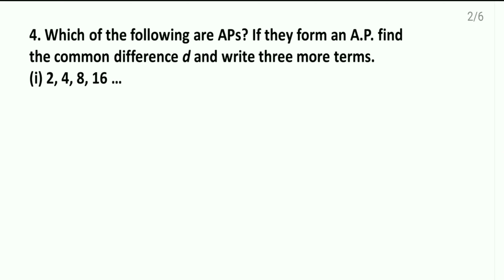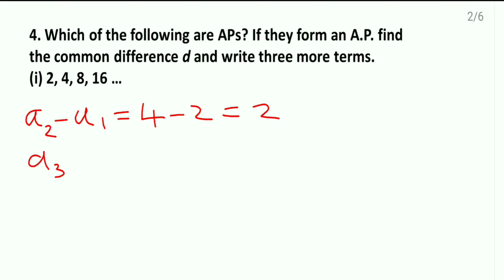First I will try to get the common difference, which I will get by writing A2 minus A1, which is equal to 4 minus 2, which comes as 2. Now here A3 minus A2, which is equal to 8 minus 4, which is nothing but 4. Here itself you see the common difference is not a constant number, right?